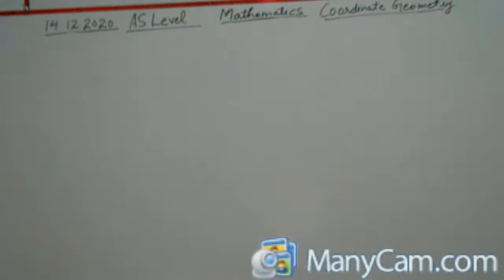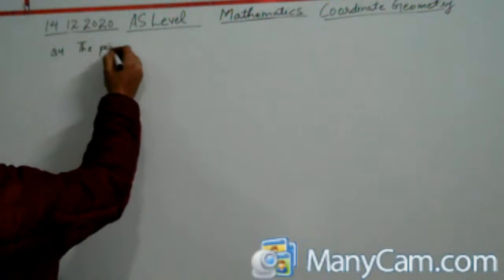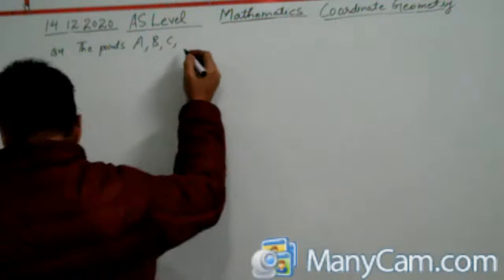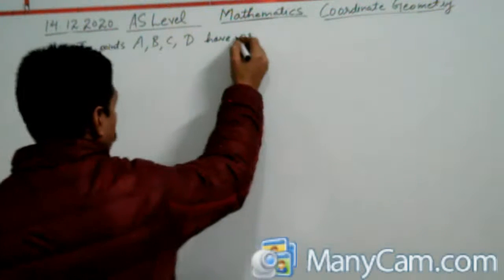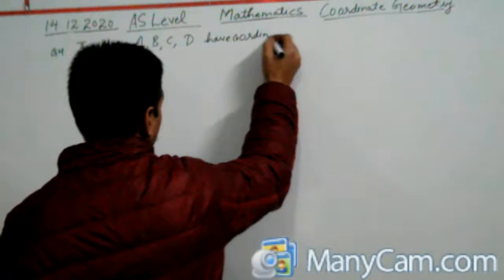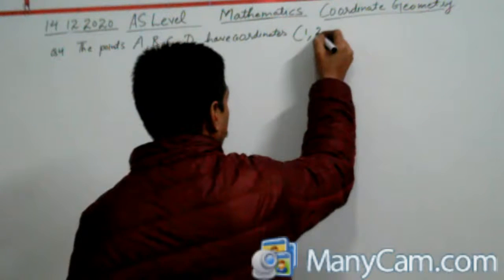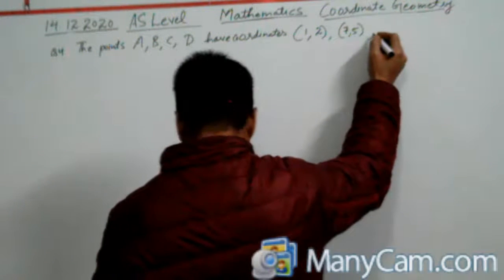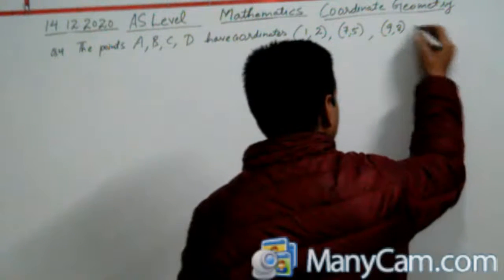Question number 4: the points A, B, C and D have the coordinates A (1, 2), B (7, 5), C (9, 8), and D (3, 5).